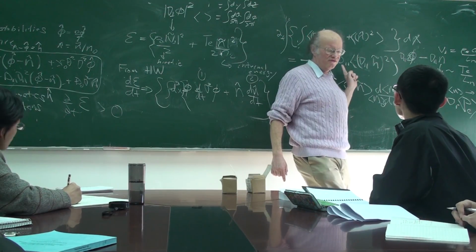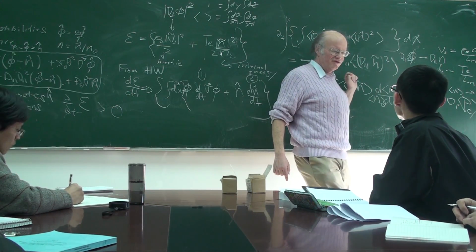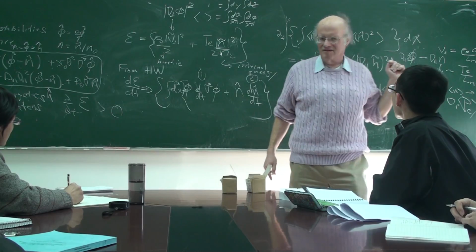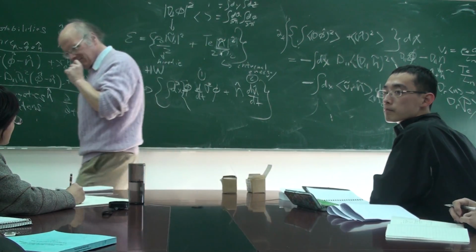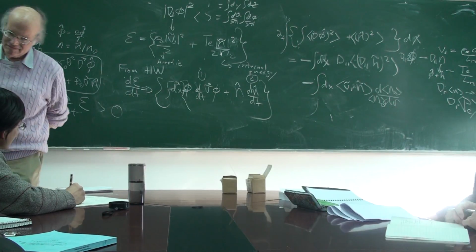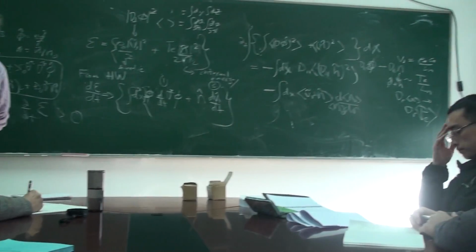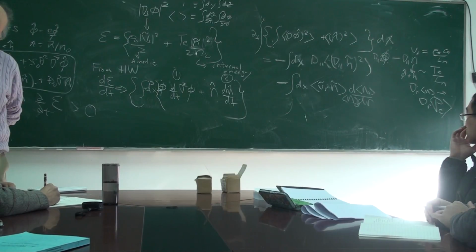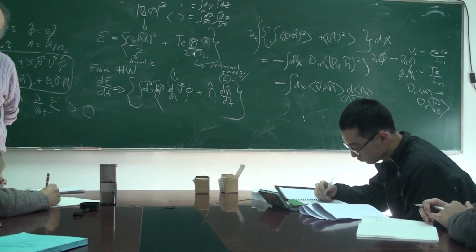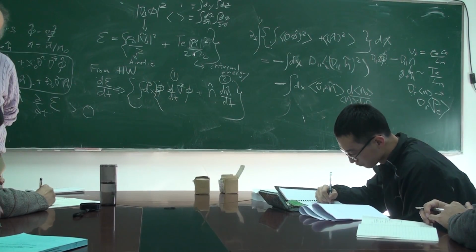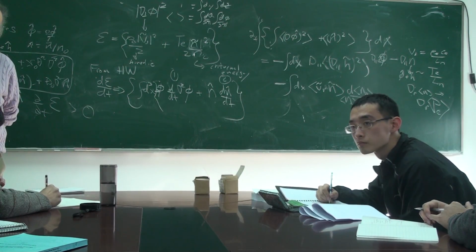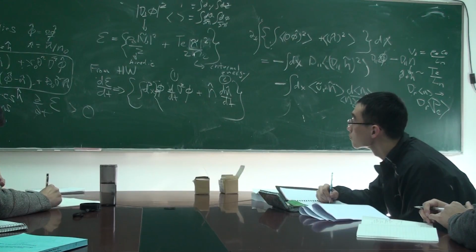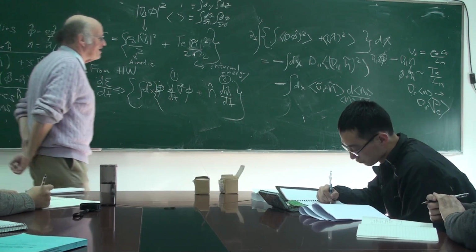If this goes to 0, there's no linear instability. No, I don't mean this. My meaning is that epsilon partial t is larger than 0, but the dissipation tends to 0.